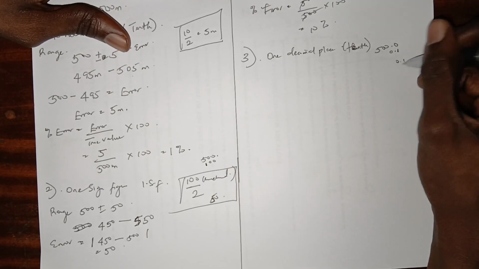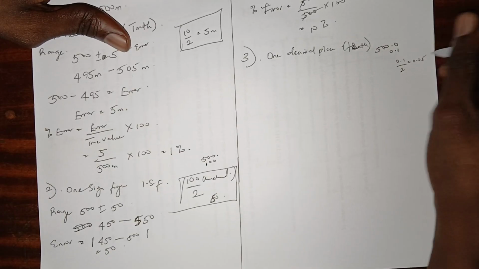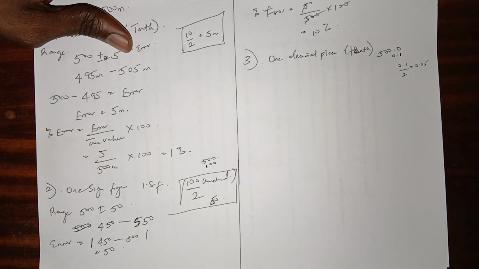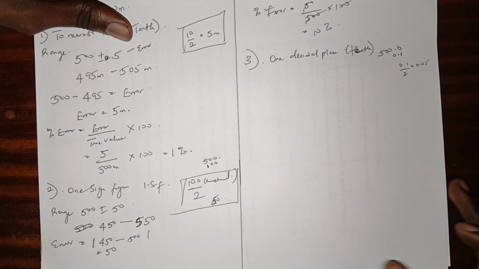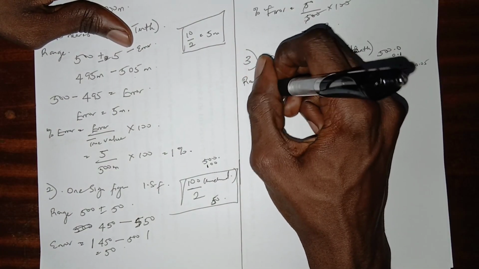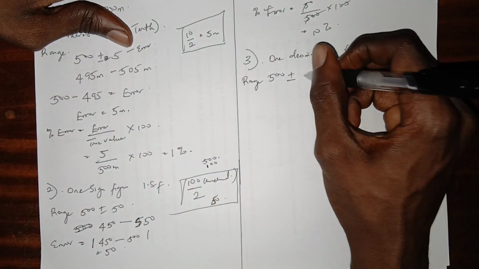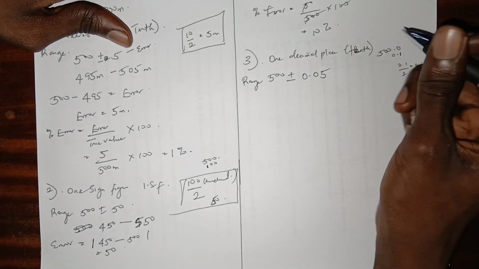That will be 0.1 divided by 2. That will give us 0.05. Use your calculator to check this. So our range will now be 500 plus or minus 0.05.